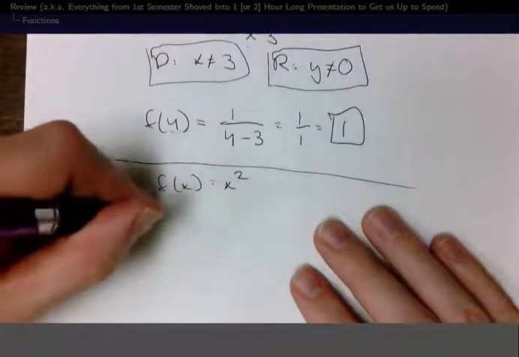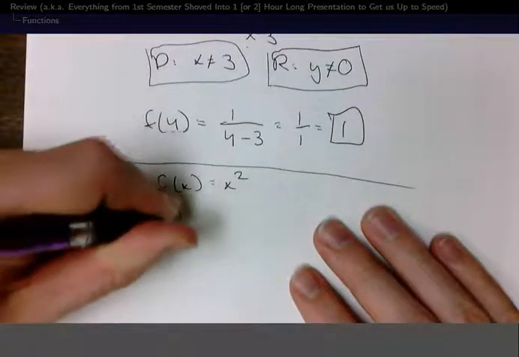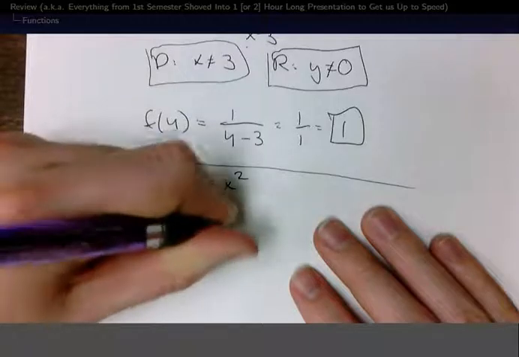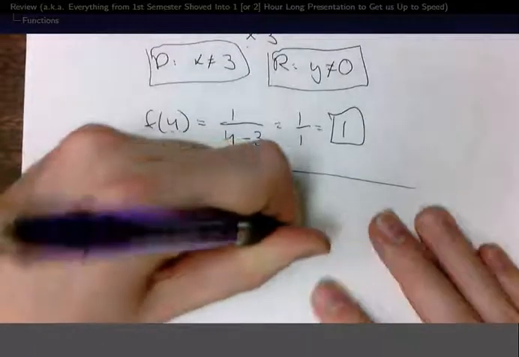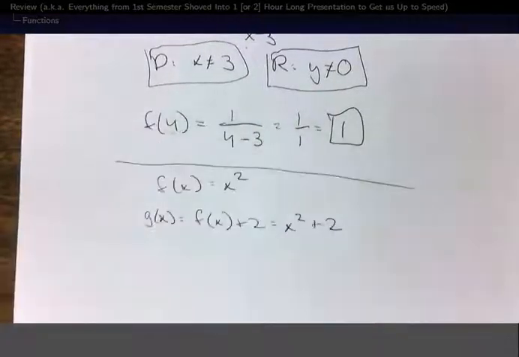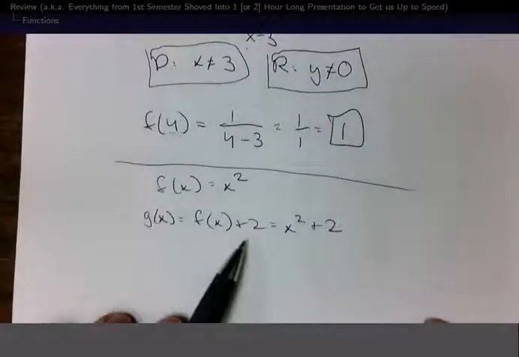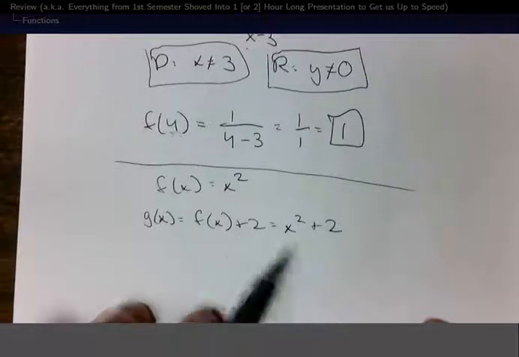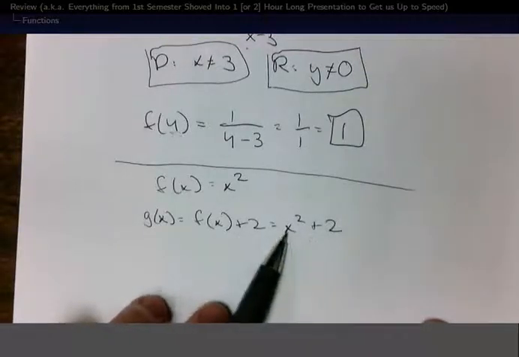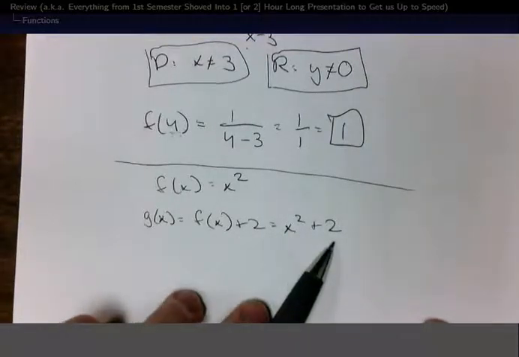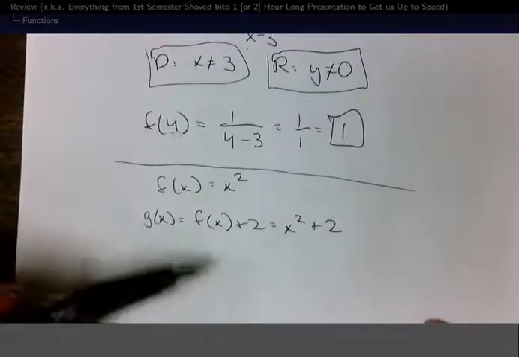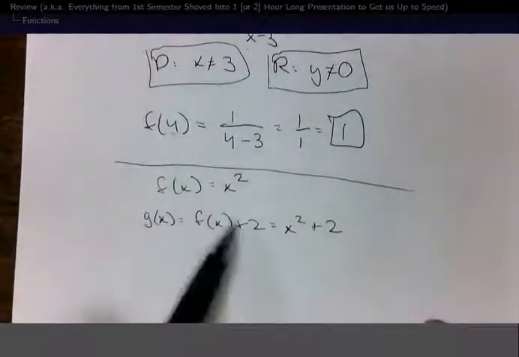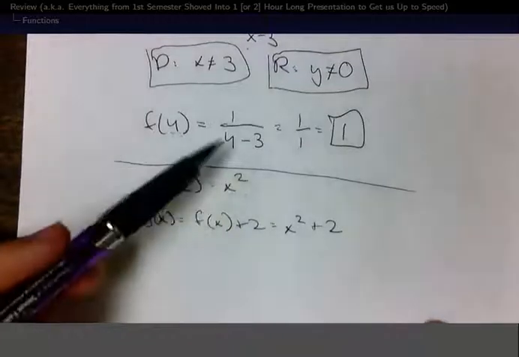The first one is going to be g of x equals f of x plus 2. So that's going to be x squared plus 2. If we're adding or subtracting outside my function definition, so this is outside the squared part, that's going to correspond to a vertical shift. If it's positive, that means I'm going to shift the graph up.